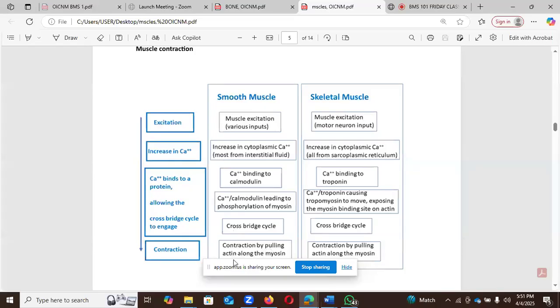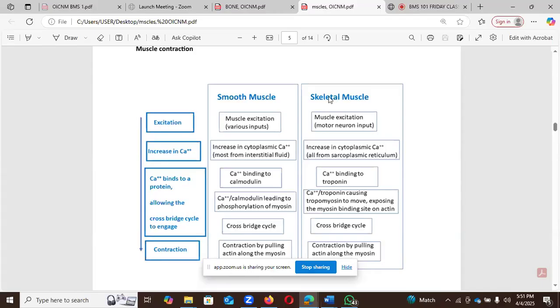Contraction is pulling the actin and myosin filaments of the muscle together. So this is the process of smooth muscle contraction.